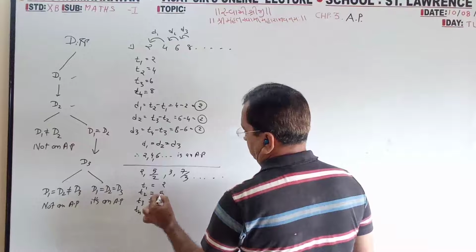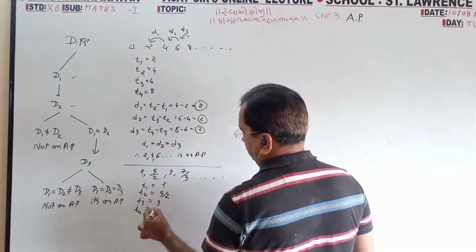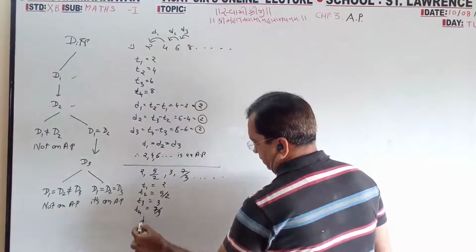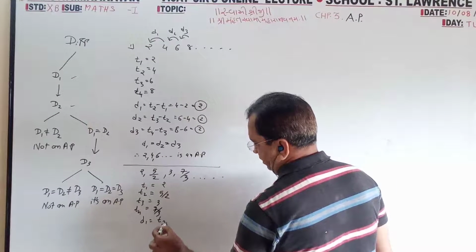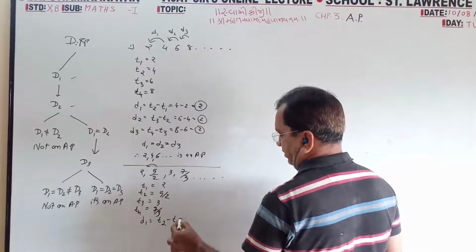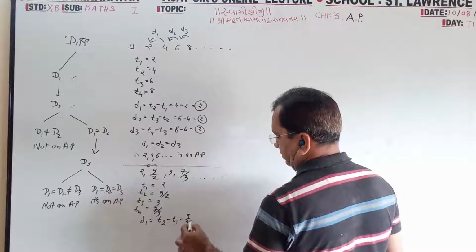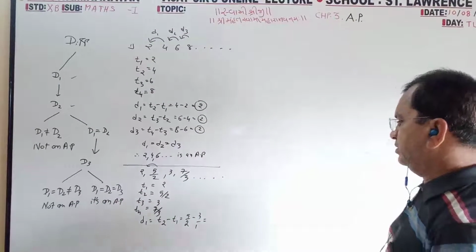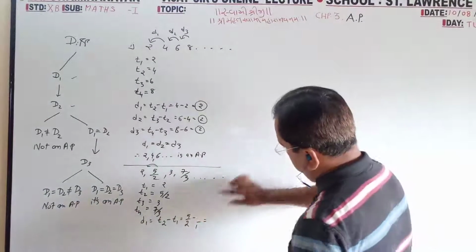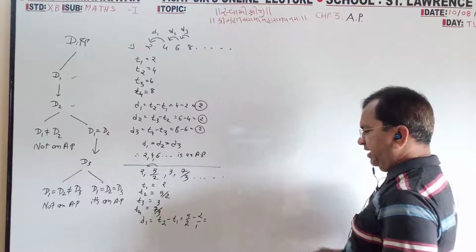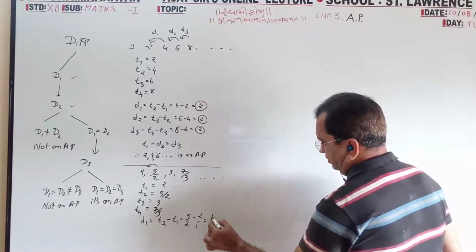Now difference 1 is equal to T2 minus T1. This minus this is always D1. 2.5 minus 2 is 0.5, means half.